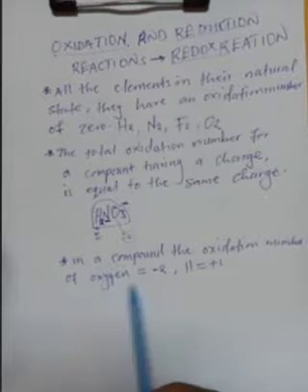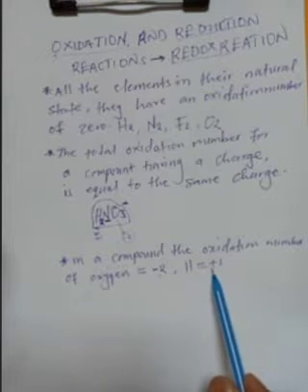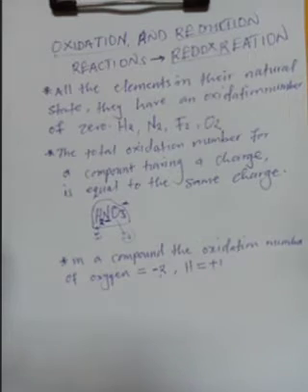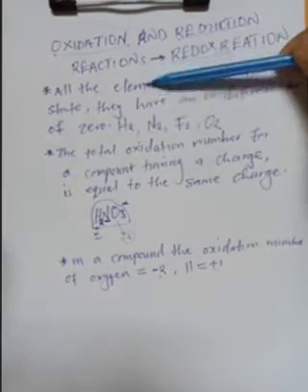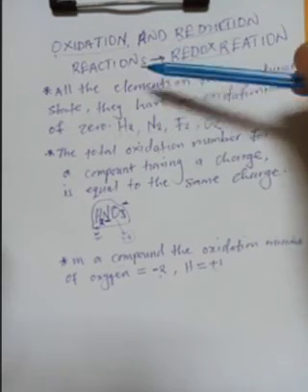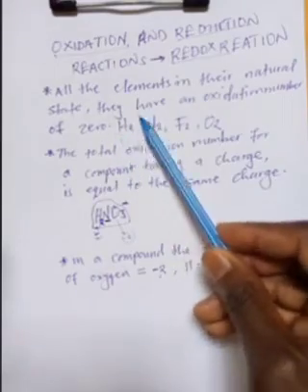That doesn't give you a sense if you write a number alone. Now, if you follow this one, we're saying in a compound, that's where you're going to find that the oxidation number of oxygen has to be negative 2. Same applies to this one. You're going to find that its oxidation number must be equal to positive 1. But in this statement, everything is in its natural state, meaning that here you must get the oxidation number for this one as 0 if it is standing as an element alone.